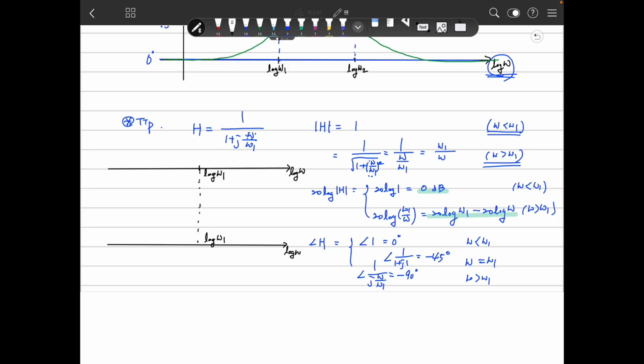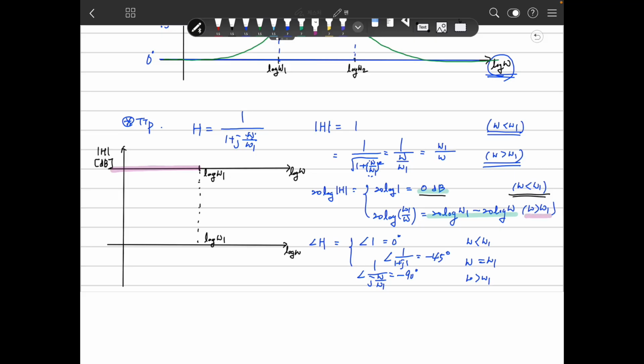And first we will draw the magnitude. At first is the H magnitude. The dimension is dB. How about in this area? That value is 0 dB, so this is 0 dB here when omega is smaller than omega 1.